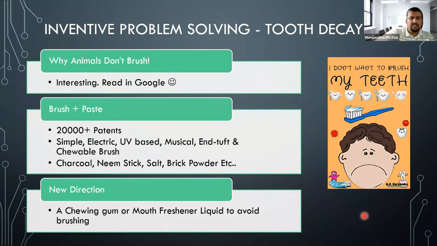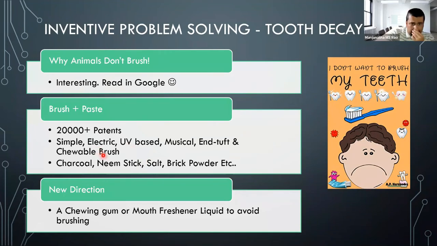So this is a huge industry by itself. If you look at toothbrushes and toothpaste, there are 20,000 patents available. Can you imagine, for a simple product like a paste and a brush, there are 20,000 patents. There are simple brushes, and for kids, all fancy designed brushes.